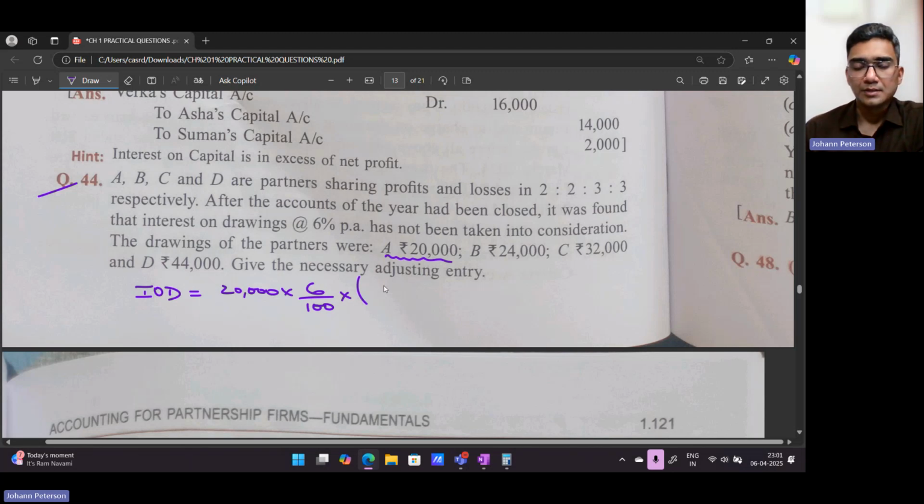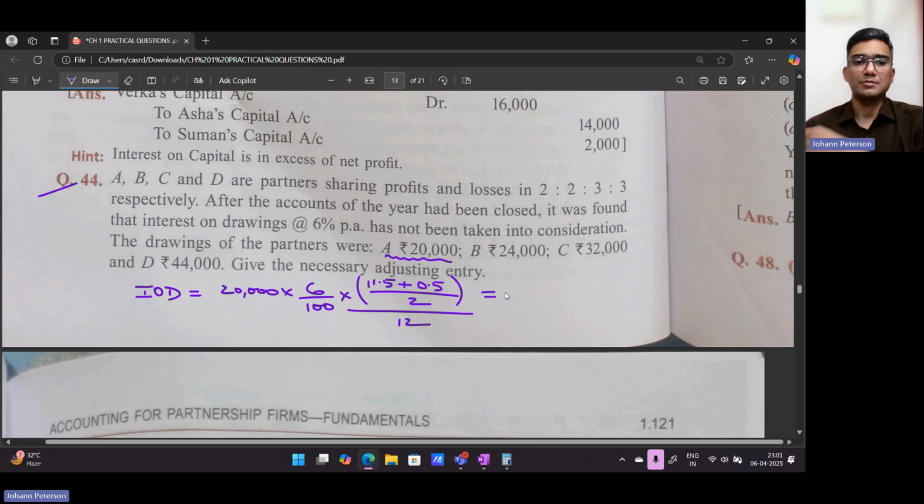That the drawings are done at the middle of every month. So the first drawings would be done on 15th of April. That is to say, we have 11.5 months left. The time left after the last drawings, the last drawings being 15th of March, will be 0.5. So this whole thing is divided by 2 and this whole will be divided by 12.